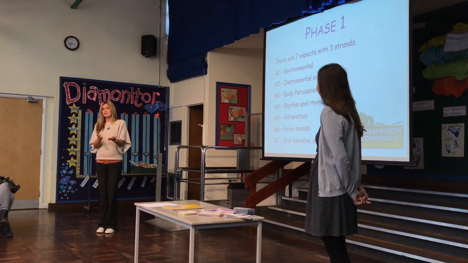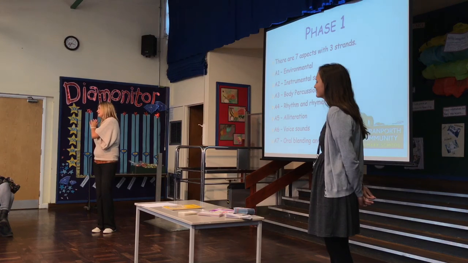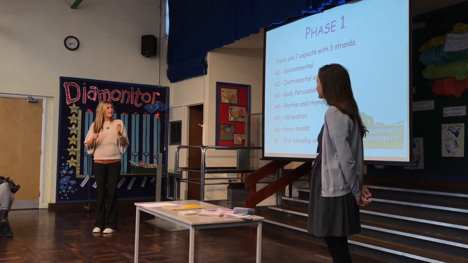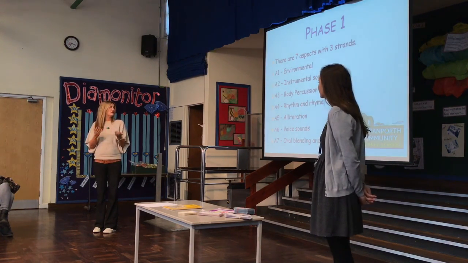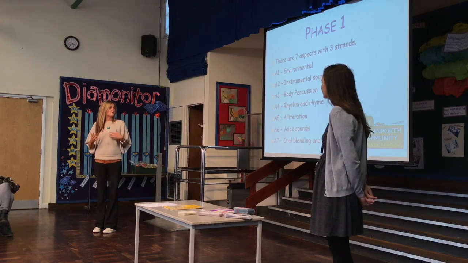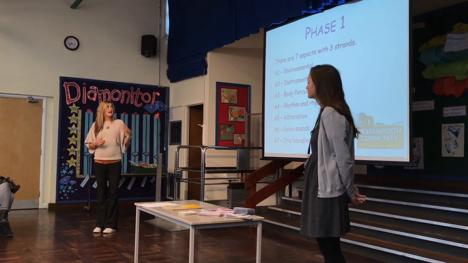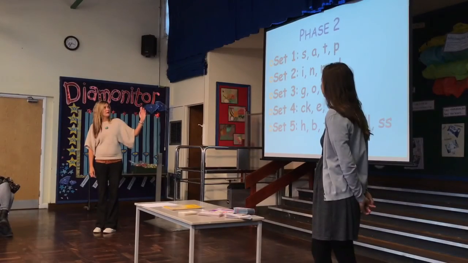There are things like taking children out and getting them to really tune in and listen to sounds in the environment, playing instruments, blindfolding the children, letting them have a go at recognising which sounds I was playing first, second, third, etc. Body percussion, that's lots of rhythms, and we do it all through just our routines. That phase 1 also starts at preschool 2, and then we go on to phase 2.